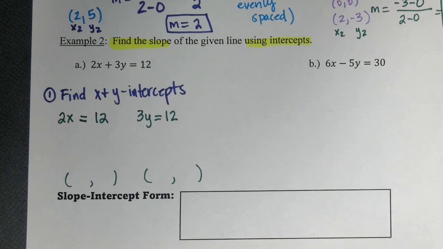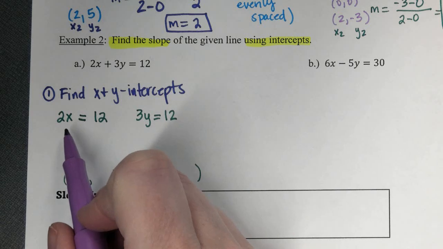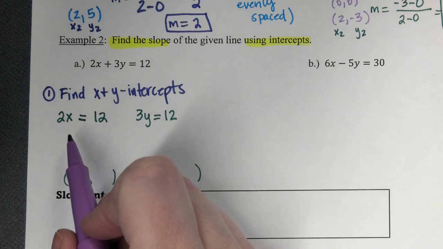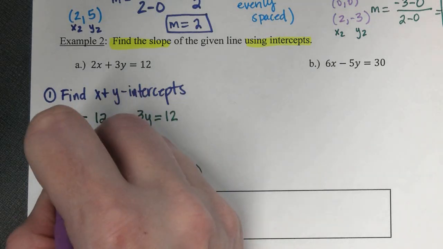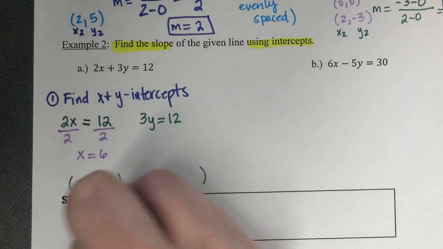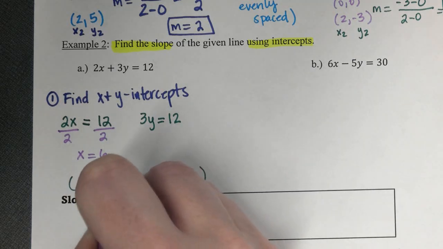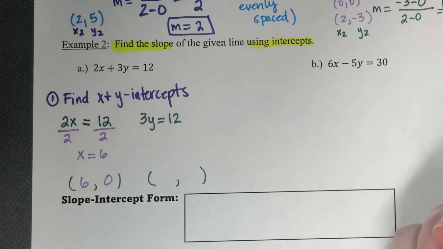Okay, and then Keith, how do you solve this one for x? Yep, and what'd you get for that? 6. And then when you're writing the point, do you remember which place 6 goes? 6 comes first, then 0. Good. Okay, so if it's x equals, that's going to go first.